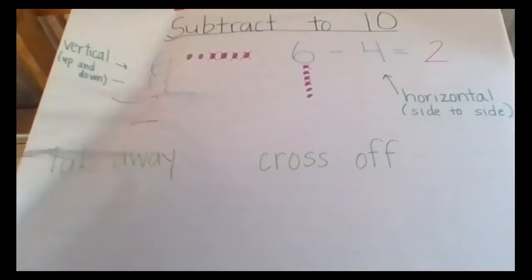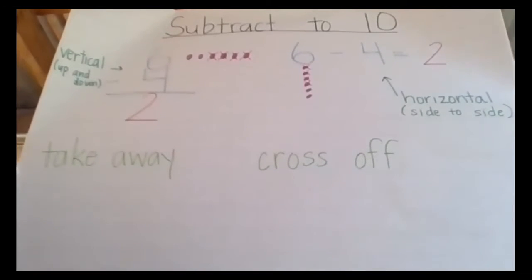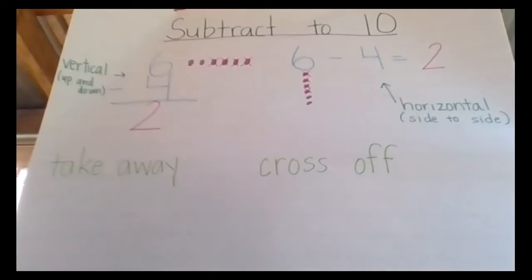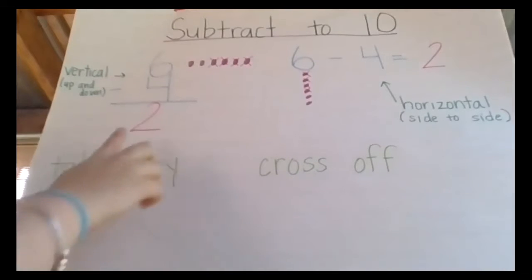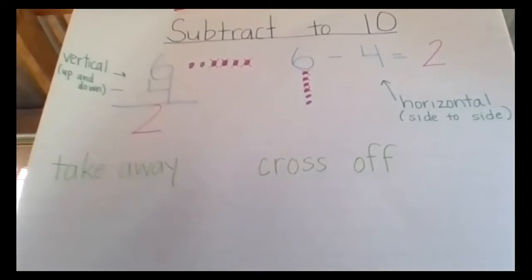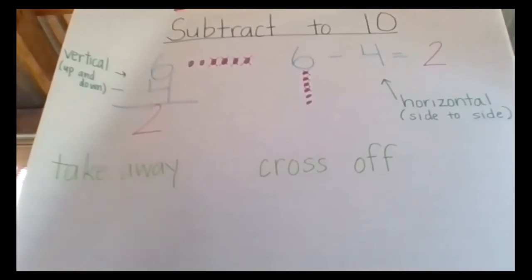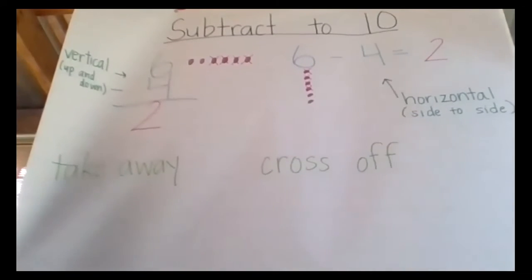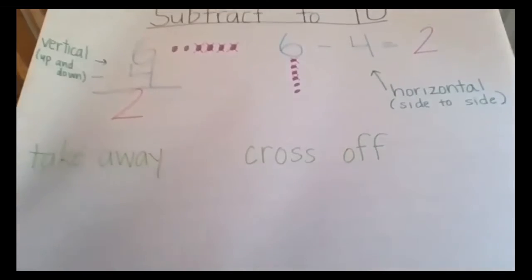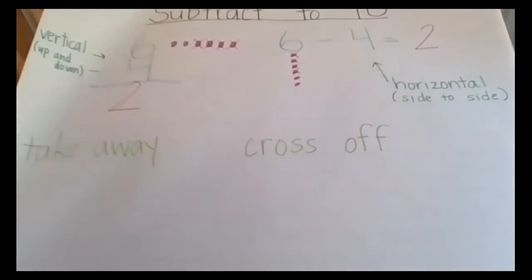And then because we're subtracting, we're taking away, I'm going to take away or cross off my smaller number, which is 4. I did this already, but I'm going to pretend with my finger that I'm crossing them out so you can see what it looks like as practice, okay? I drew my 6 dots, and now I'm going to cross out 4.